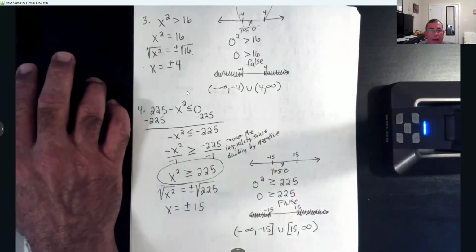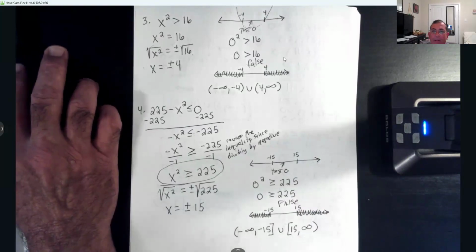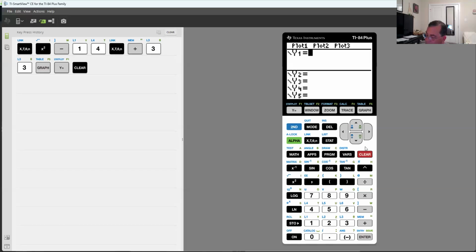And y'all, if you want to graph this, I can go from the very beginning picture. And I'll show you this one. I'm going to do the part where it says 225 minus x squared. Now remember, my answer was the ends were above the line. So watch what happens when you graph this.